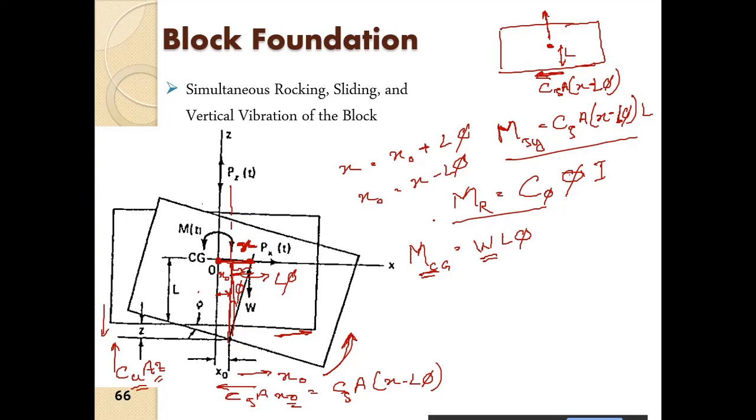Then apart from that, we will have the applied force. So Pz is equal to Pz t, that is Pz into sine omega t, one function we have. Then similarly we have the Px. Then we have the moment M y, in this case about the y-axis.